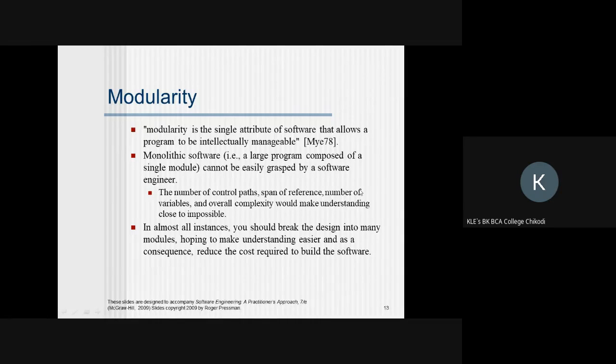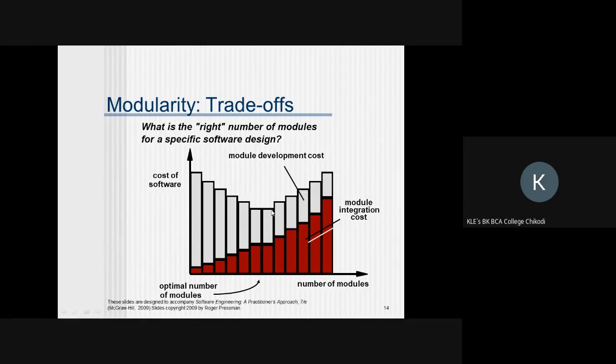As the number of modules increases, the cost of software also increases. Depending on the functionalities the software provides, the modules are going to increase.